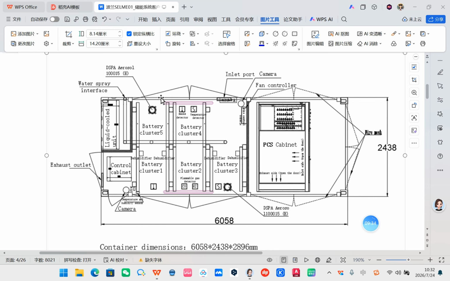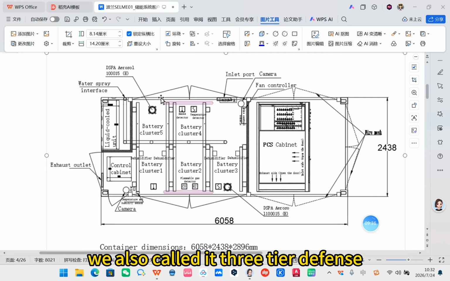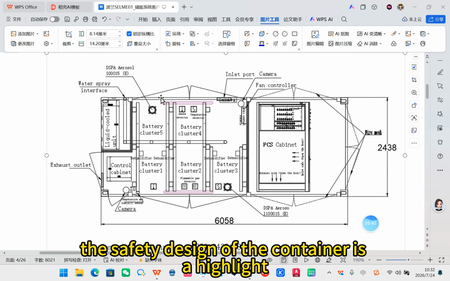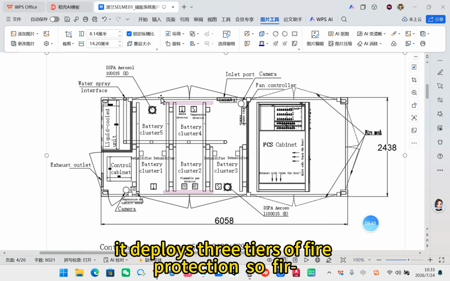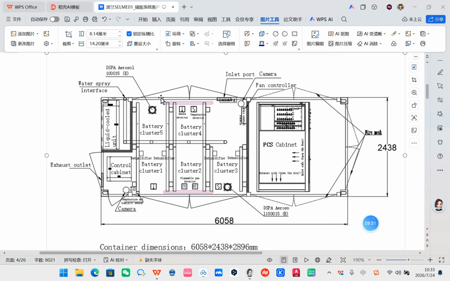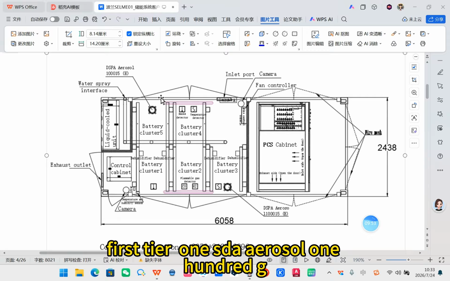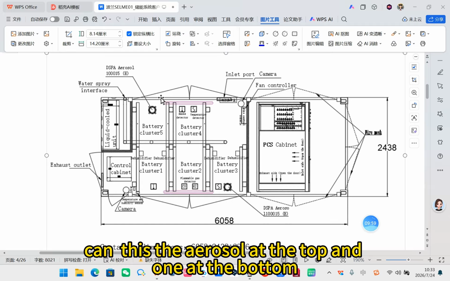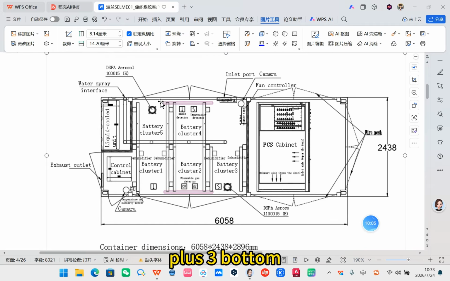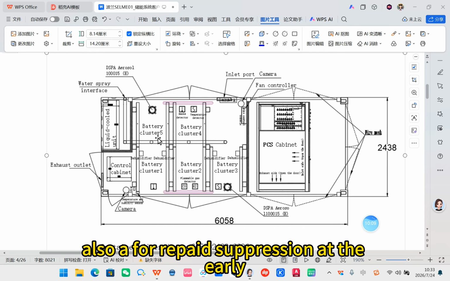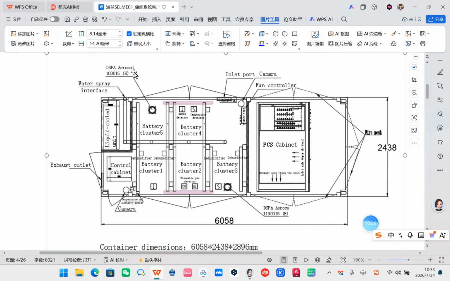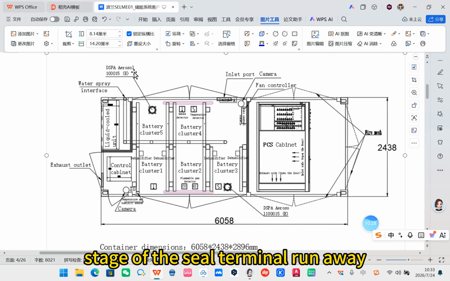Next part is safety and fire protection. We also call it three-tier defense. The safety design of the container is the highlight. It deploys 3 tiers of fire protection. First tier: 1 SDA aerosol 100G condensed aerosol at the top and 1 at the bottom, plus 3 bottom aerosol units for fire suppression at the early stage of thermal runaway.